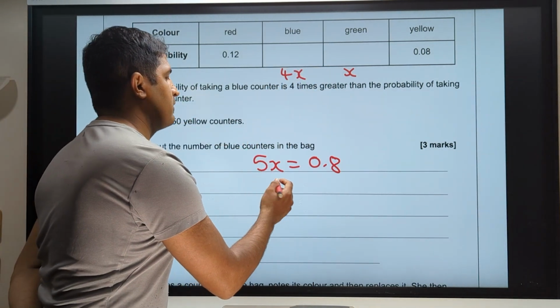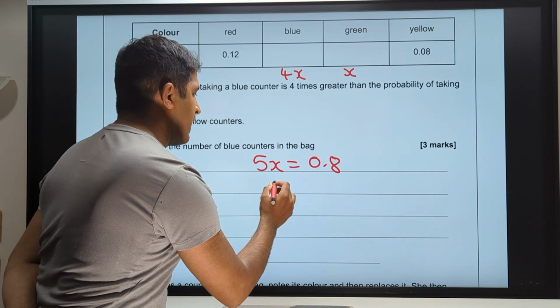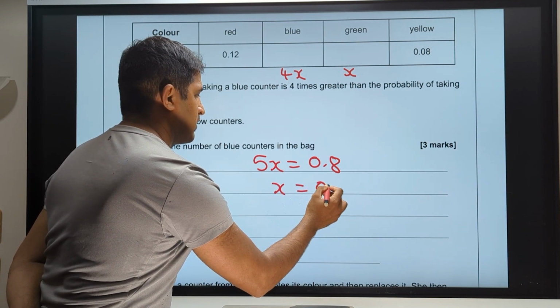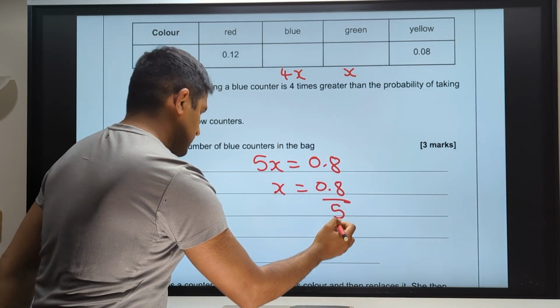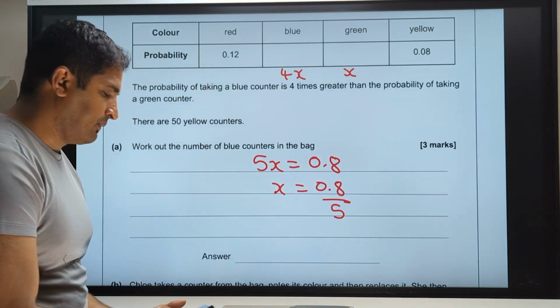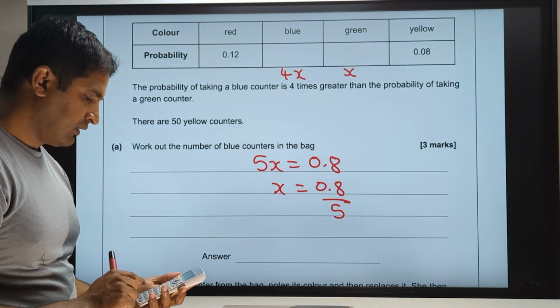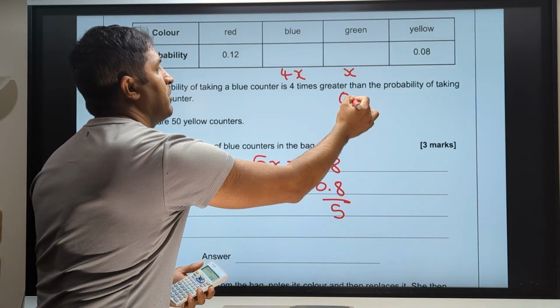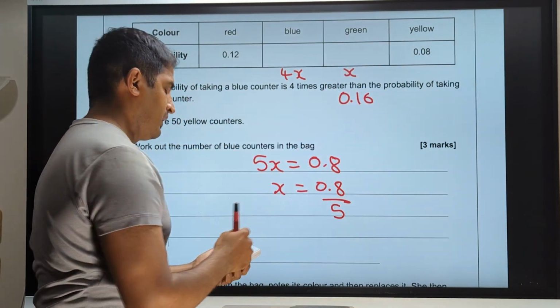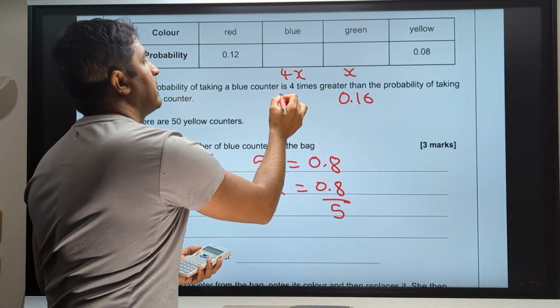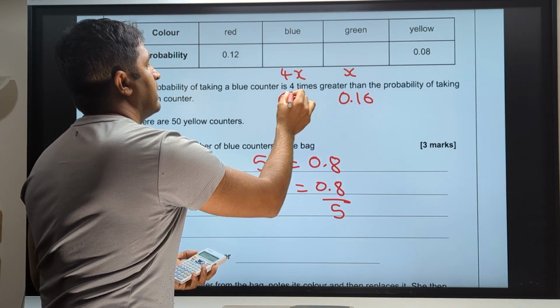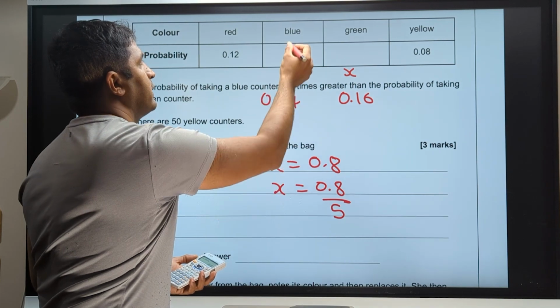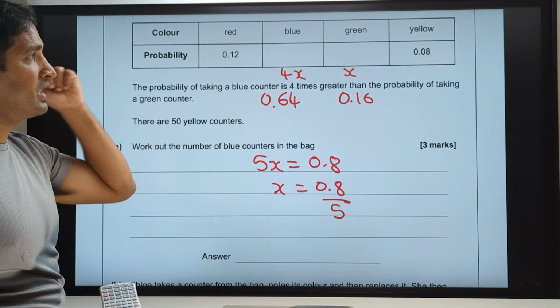So divide by 5: 0.8 divided by 5 gives you 0.16. So the probability of green is 0.16, and multiplying that by 4 gives 0.64. So the probability of getting blue is 0.64.